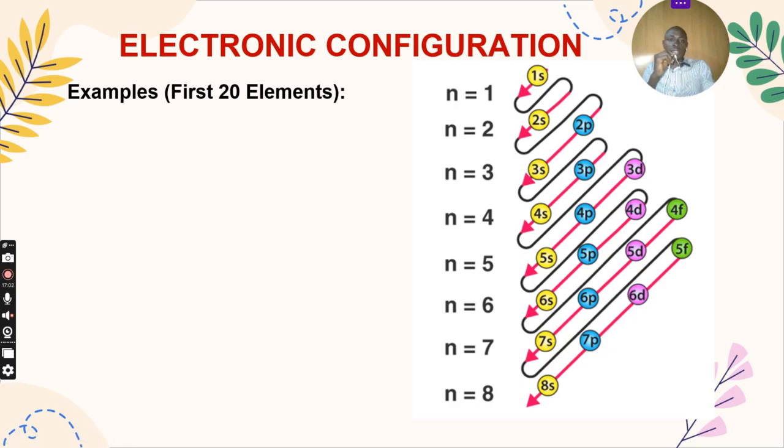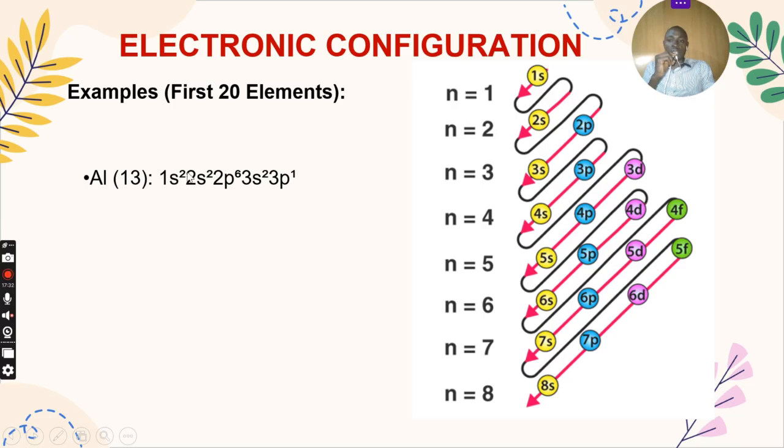Okay, let's see other elements among the first 20 elements. Aluminium is number 13 in the periodic table. That means it has 13 electrons in the ground state if it hasn't lost any electrons. Let me walk you through the configuration. Following the energy level, the first is the 1s, so 1s is written first.